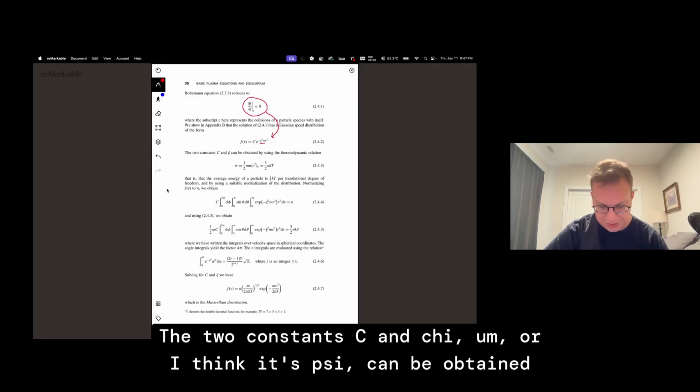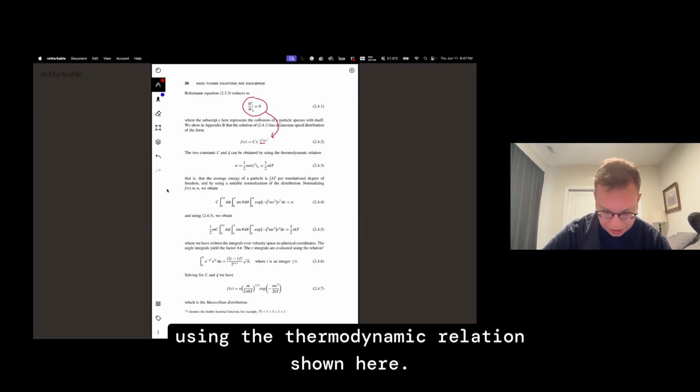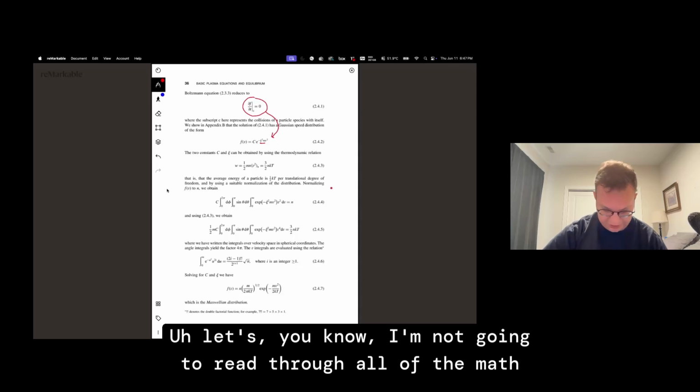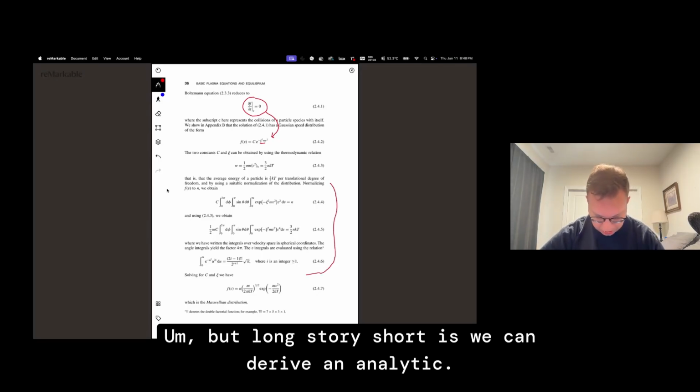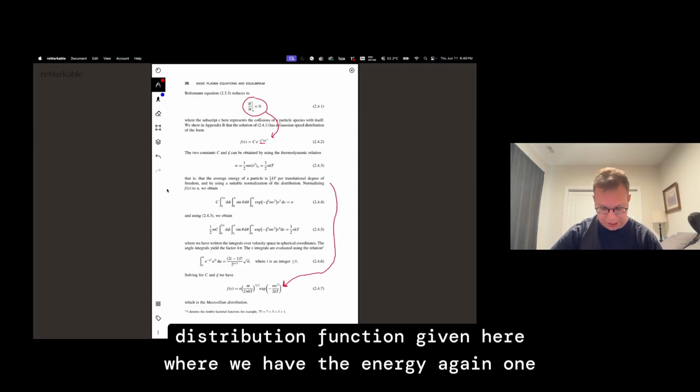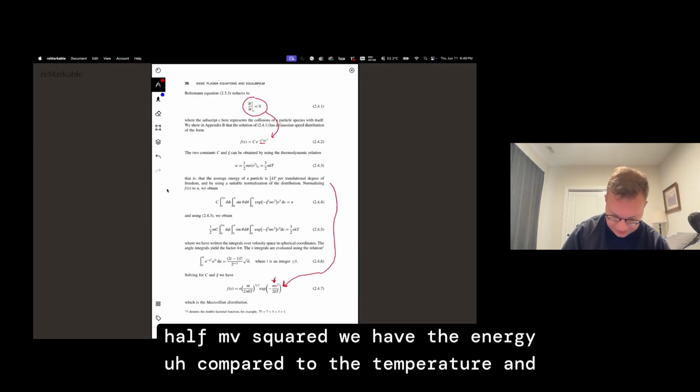The two constants, C and chi, or I think it's psi, can be obtained using the thermodynamic relation shown here. I'm not going to read through all of the math here. At some point, maybe we'll go into detail in Appendix B. But long story short, we can derive an analytic distribution function given here, where we have the energy, 1/2 mv squared, compared to the temperature.